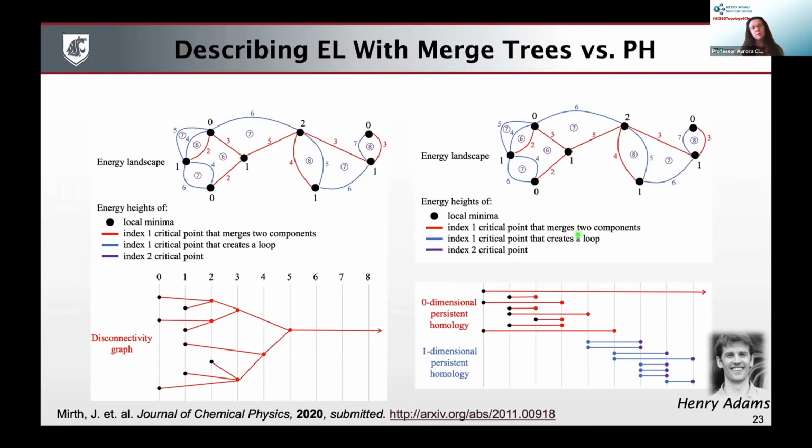In contrast, you've seen a little bit about persistent homology, and I'm going to build upon this further in a second. It is possible to create a barcode representation of the energy landscape, and I'm going to show you how in a second. In that barcode representation, you saw in the earlier talks about zero-dimensional features and one-dimensional features, but with the barcode representation, we can actually capture much more information of all of the pathways that connect different local minima, going through both the index 1 critical points as well as index 2, and this is captured in the one-dimensional persistent homology.